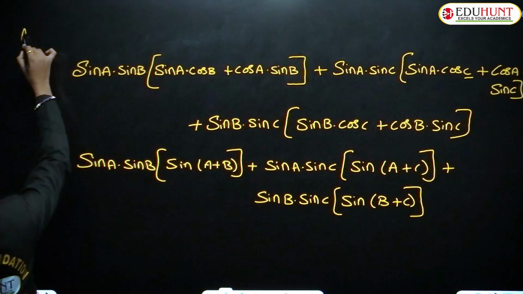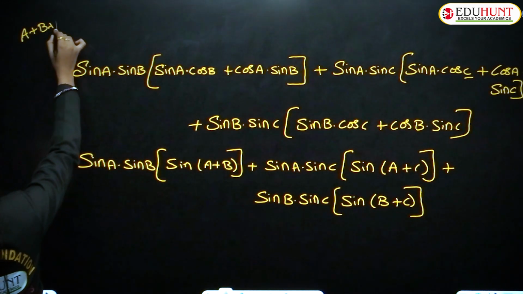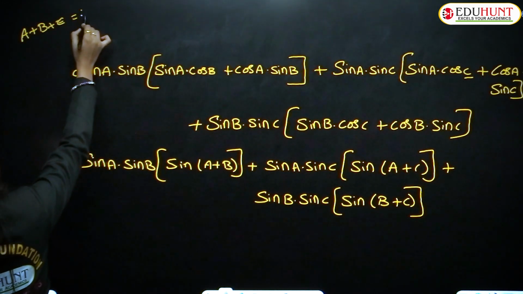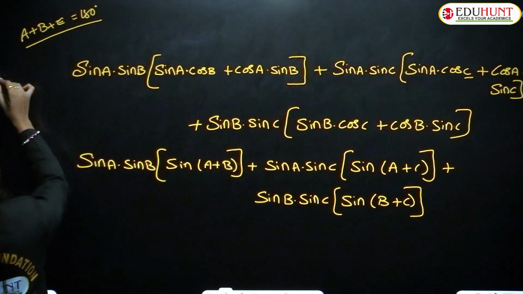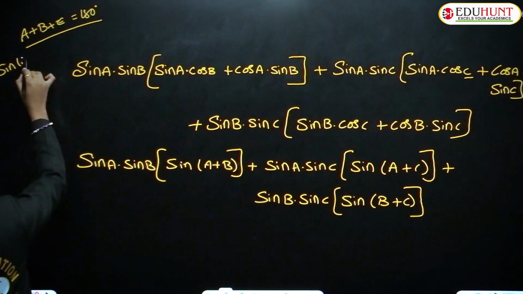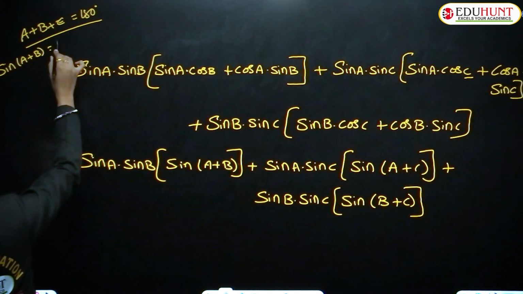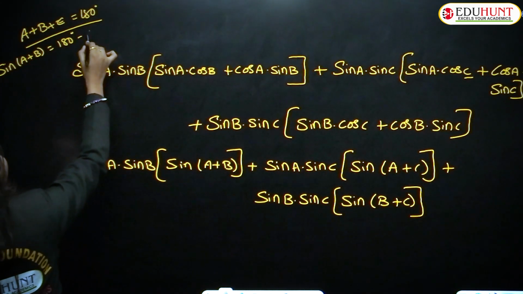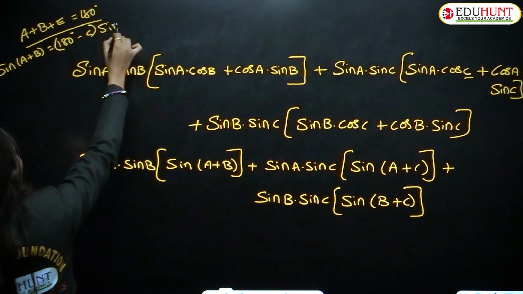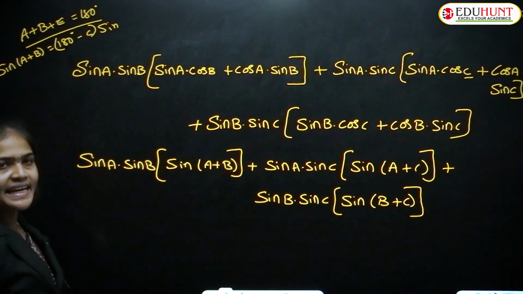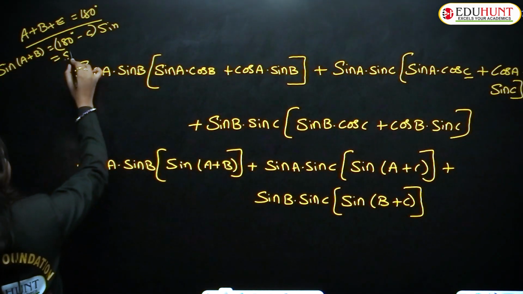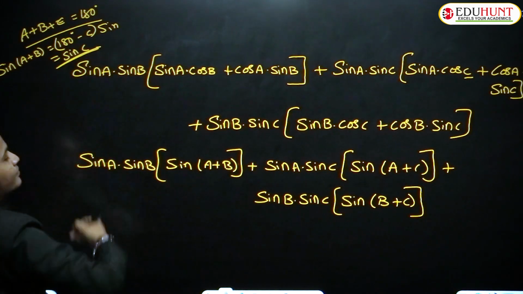So from this one, here sin of A plus B, already we know the condition, A plus B plus C is equal to 180 degrees. So from this condition, sin of A plus B is equal to sin of 180 degrees minus C, so we can write this one as sin C. Sin of A plus B is equal to sin C. Understand?